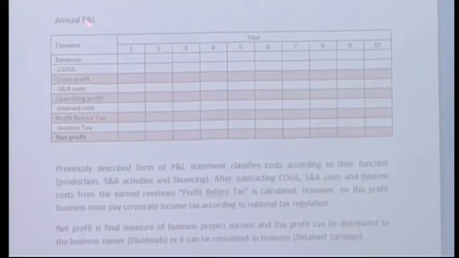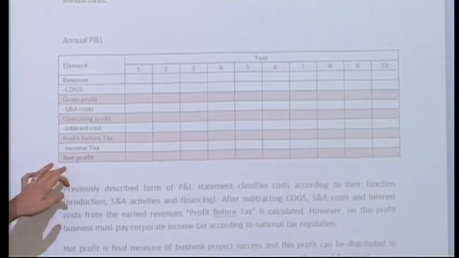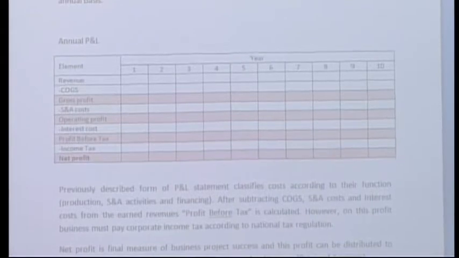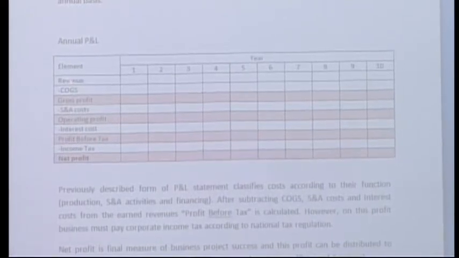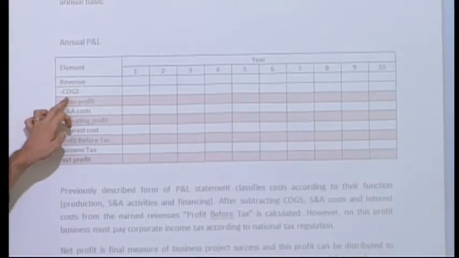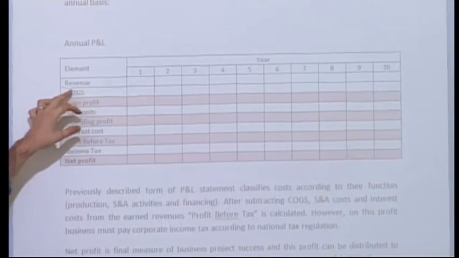And also, when you make a profit and loss statement, here is a good example of how to make an annual profit and loss statement for 1 year. First, you start with revenues, minus the costs which come from the revenues.